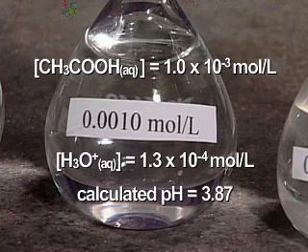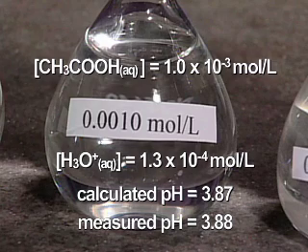0.0010 mole per liter ethanoic acid is 13.0% ionized, and the hydronium ion concentration is 1.3 times 10 to the negative 4 mole per liter.